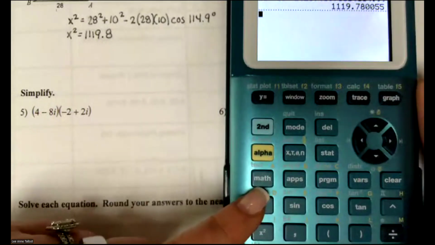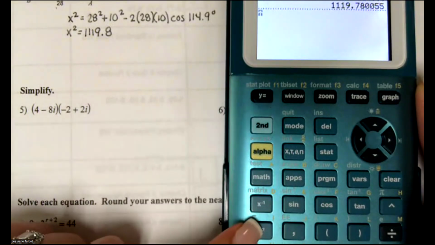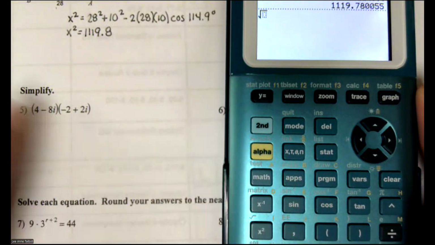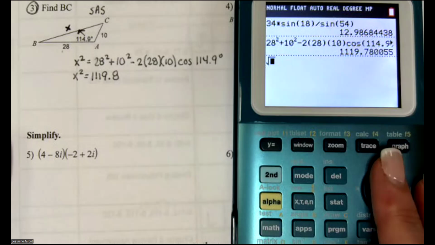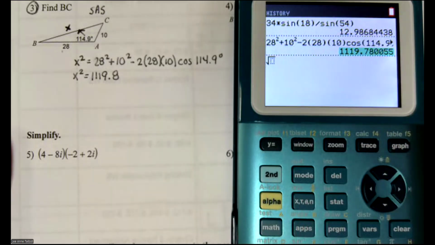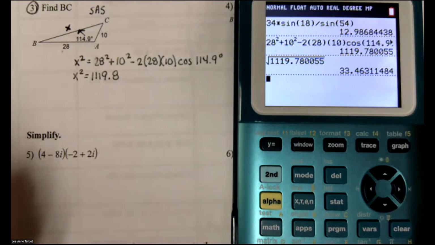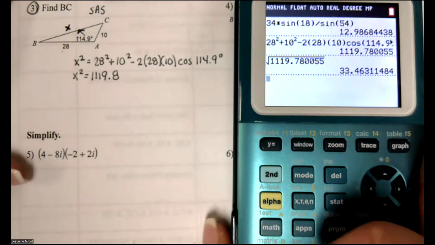Okay, the square root is located right above the x squared. So go second x squared. And then scroll up with your keypad until this number is highlighted, and then you can hit enter and it will copy and paste it for you below. And I got 33.5.